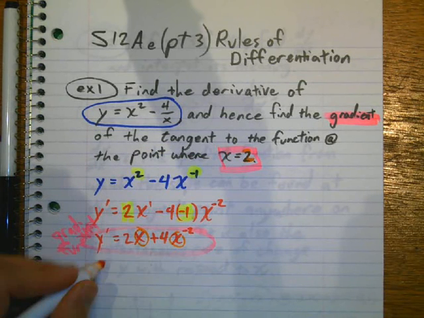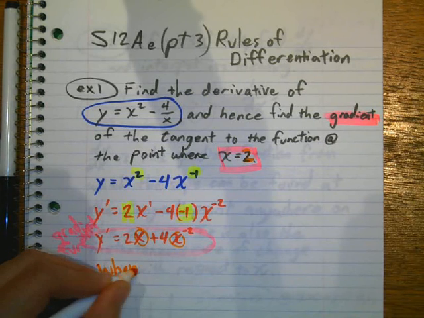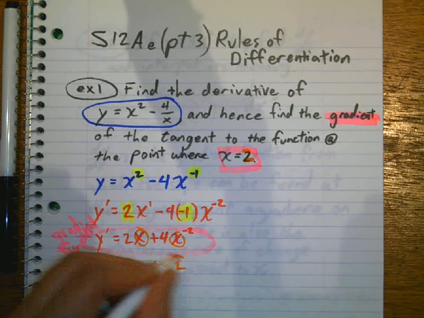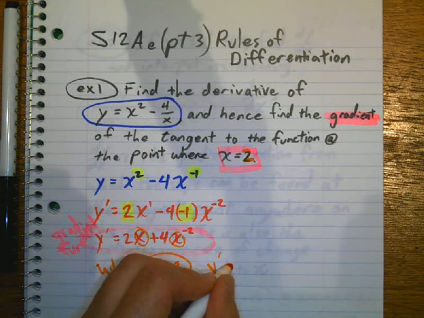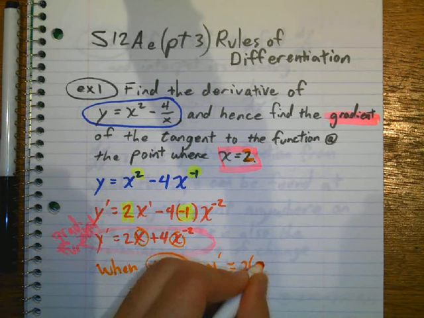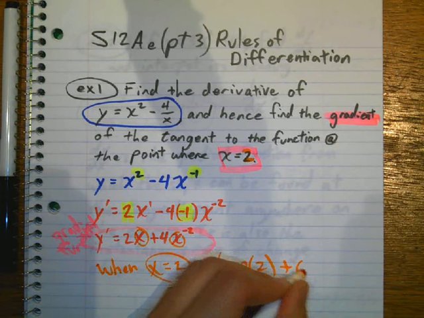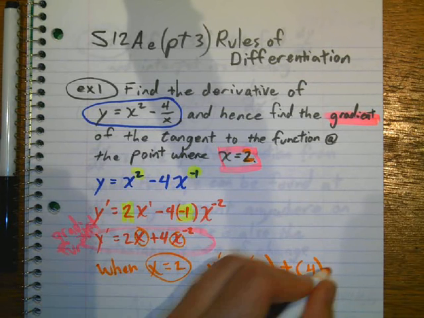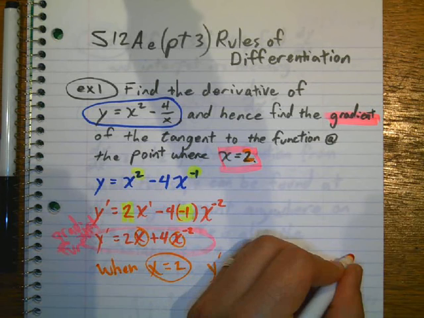So when x equals 2, we're going to get 2 times 2 plus 4 times 2 to the negative 2 power.